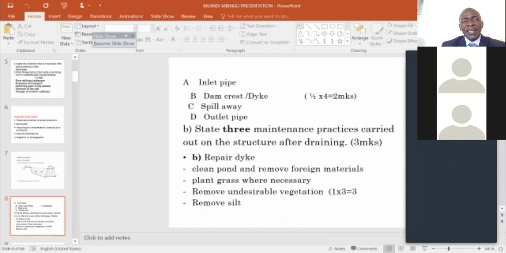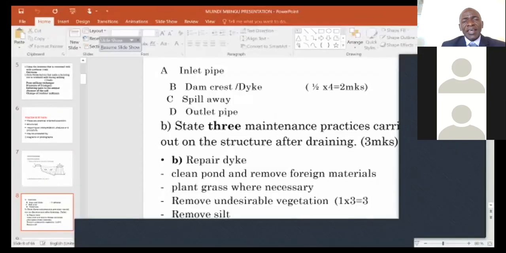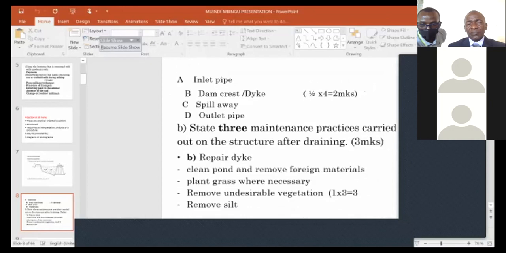So take note that as a maintenance measure, repair is mentioned only once.